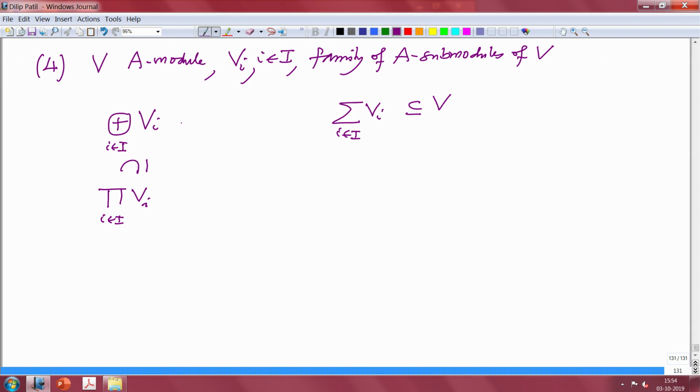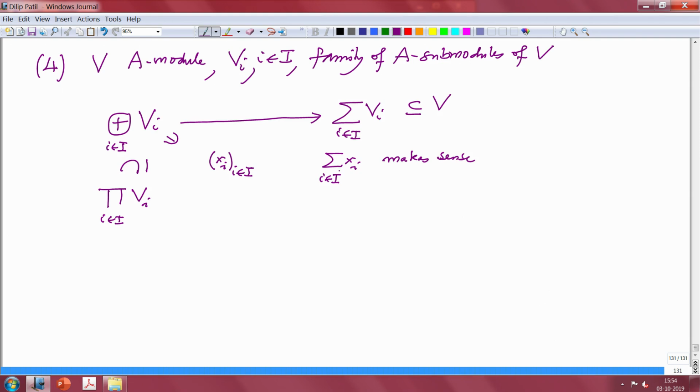Obviously, there is a map here. What is the map? Take any tuple here. Any tuple will have only finitely many non-zero entries. So, if I want to write the sum of xi, i in I, this makes sense, because I am really summing up only finitely many entries and the remaining are 0.